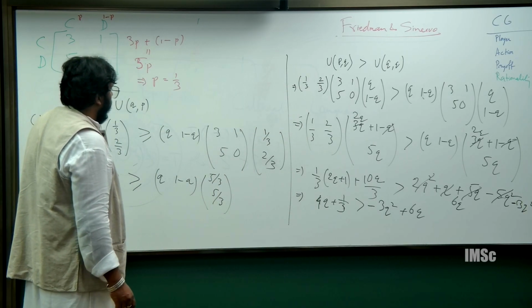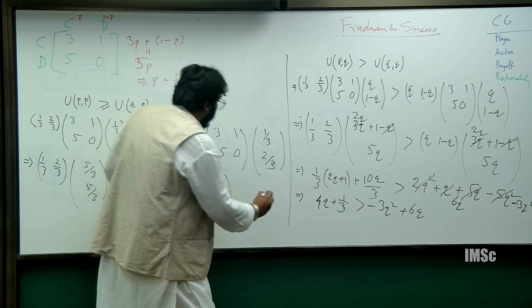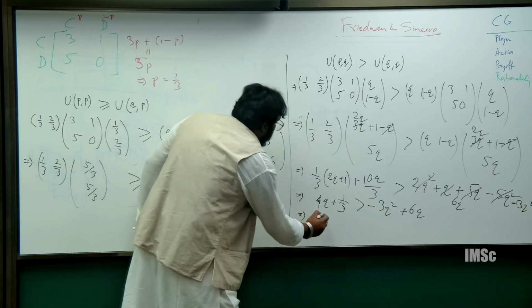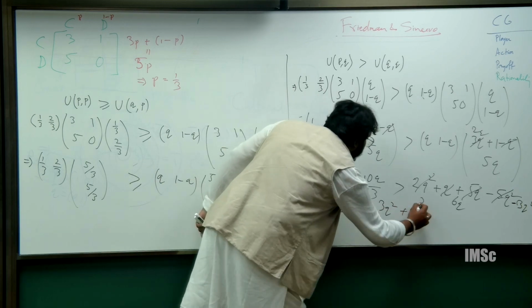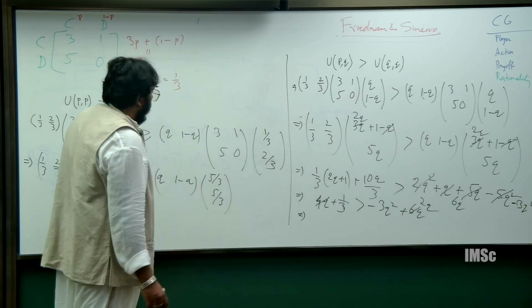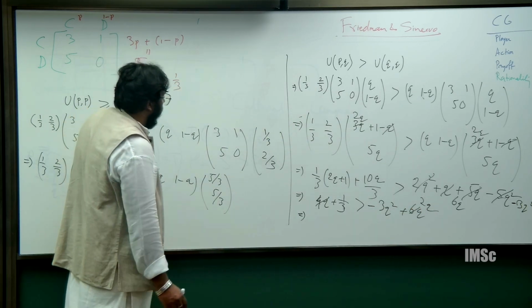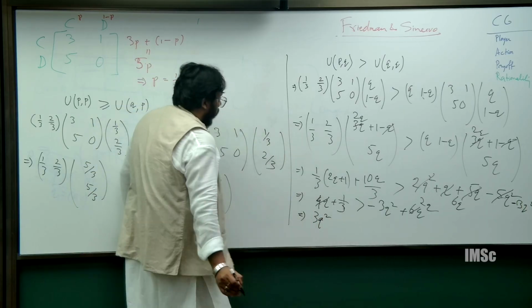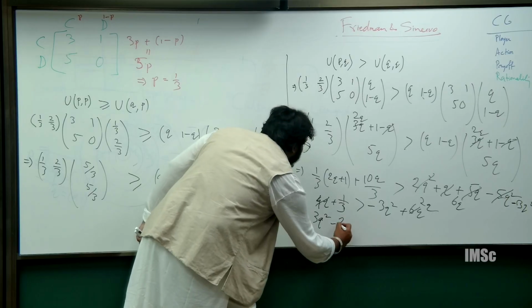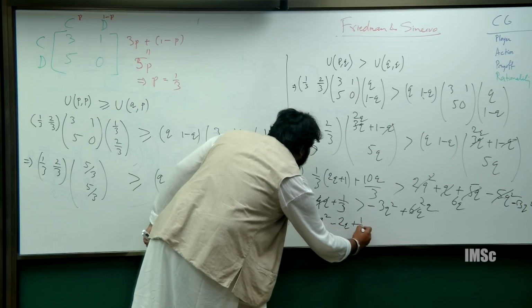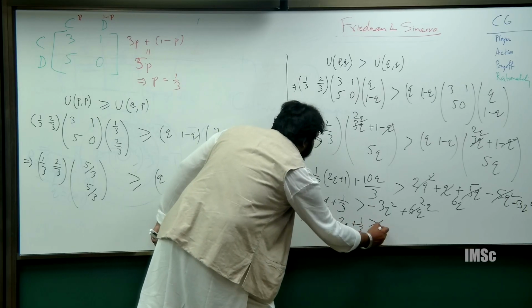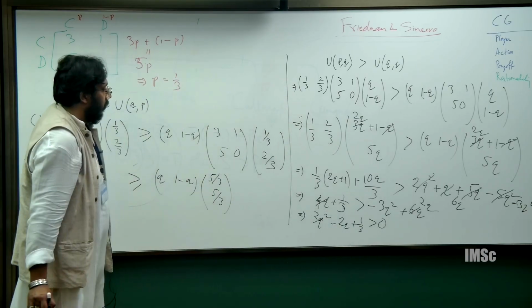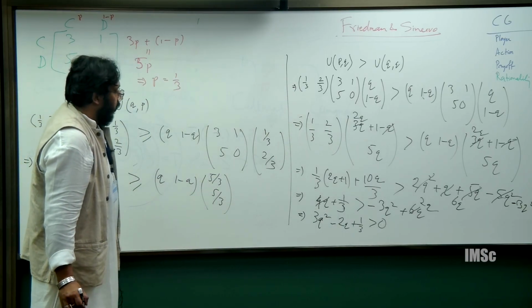Okay. It's going somewhere. So, then this goes, it's 2q. Yeah, I think it's okay. So, I have 3q square minus 2q plus 1/3 greater than 0, whether this is true or false, right.